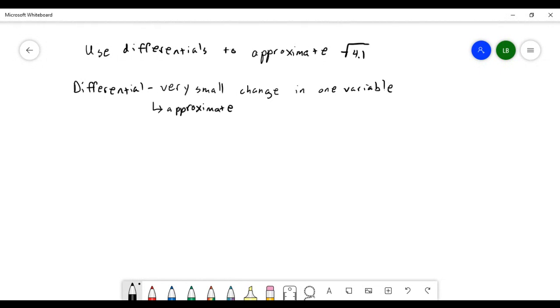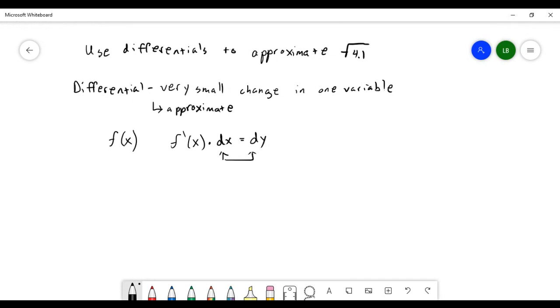So if we have some function f of x and we took its derivative, then that would be f prime of x times dx, and that would be equal to dy. We say that these are essentially like differentials. It's how our notation looks.